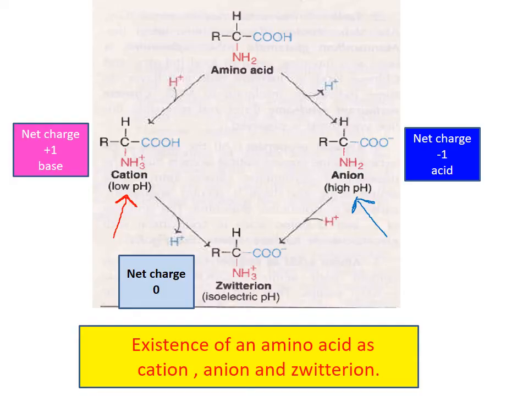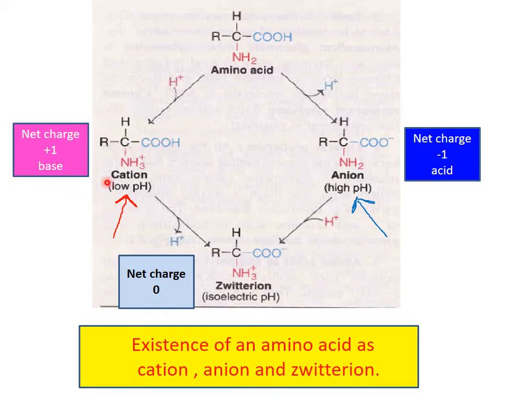This was the slide, if you can recall, where I used two terms, fully protonated and fully deprotonated forms of amino acid. I used those terms probably for this form of amino acid, the zwitterion, but actually a fully protonated form of amino acid is this one at low pH.